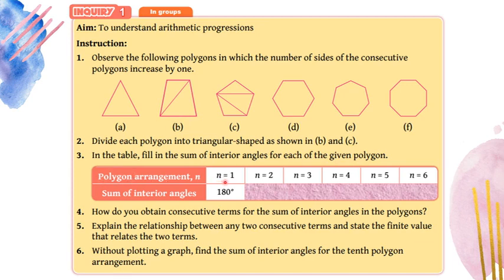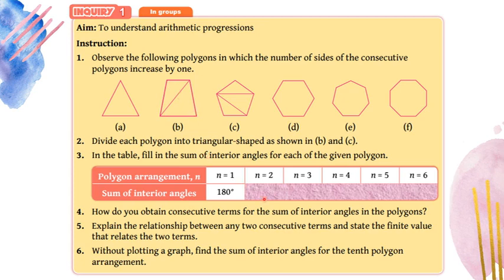So n is equal to 1 means there is one triangular shape, so the sum of interior angles is 180 degrees. For B, the quadrilateral, if we divide it into triangular shapes, we have two triangular shapes.